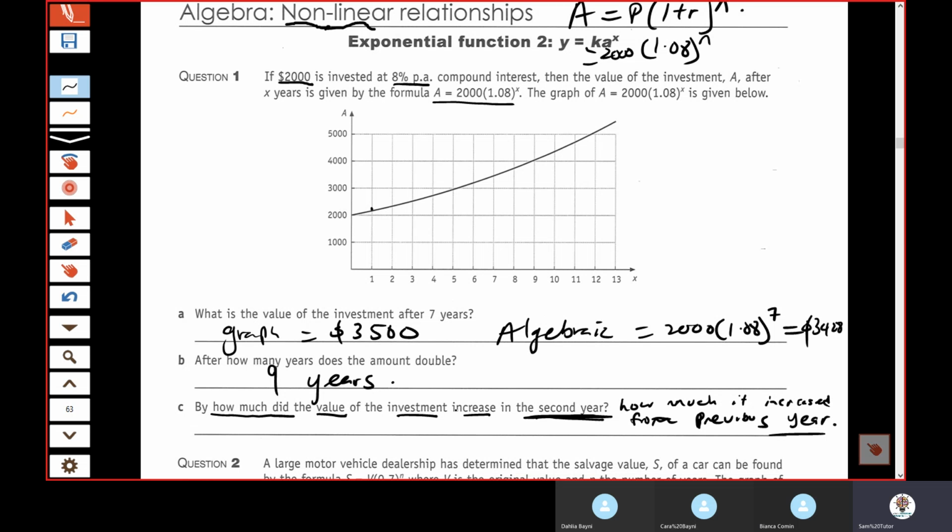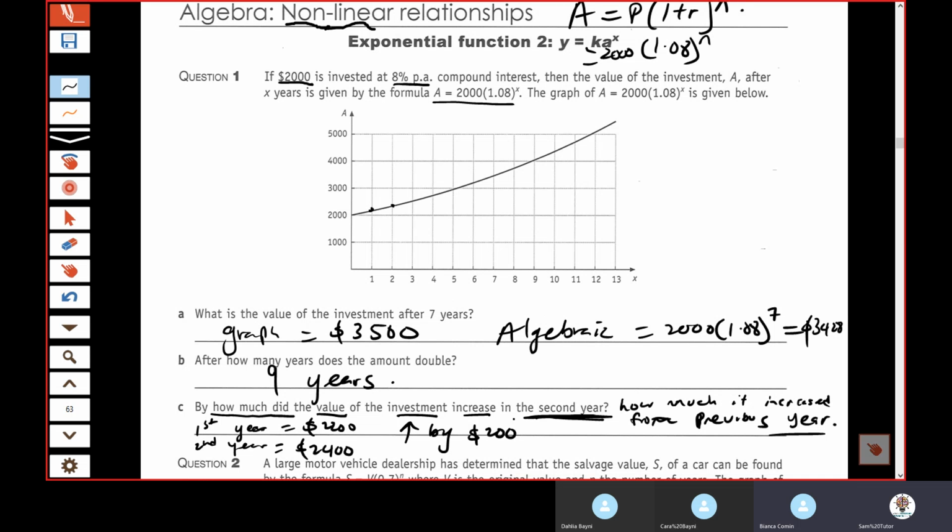So how much did the value of the investment increase in the second year? Well, in the first year, let's call it 2,200. First year equals 2,200. Second year, it was 2,400. And of course, increase by $200.